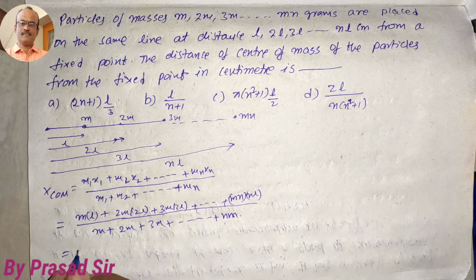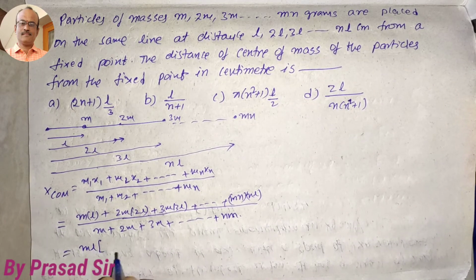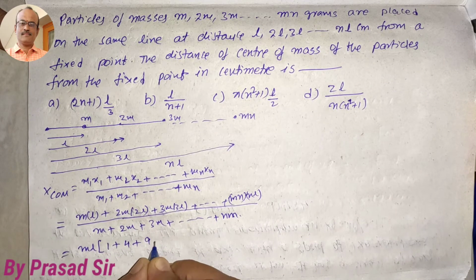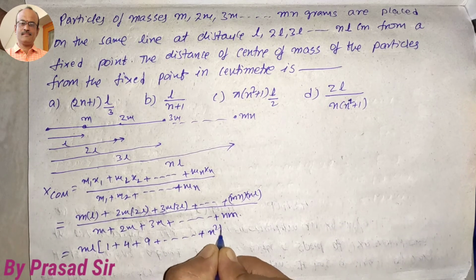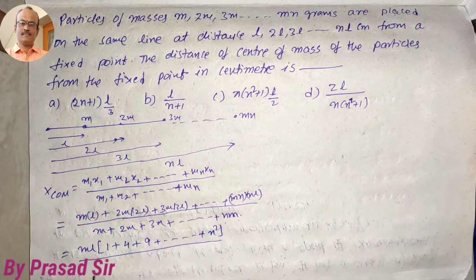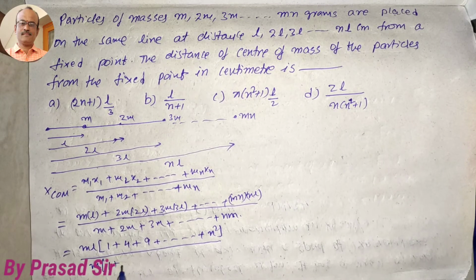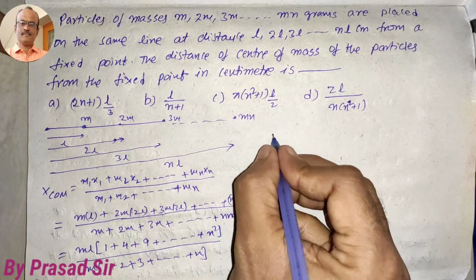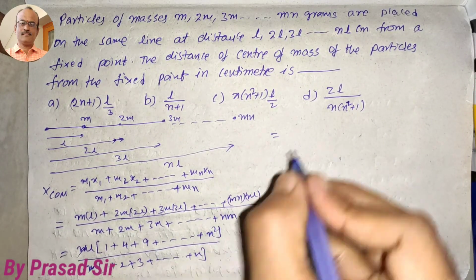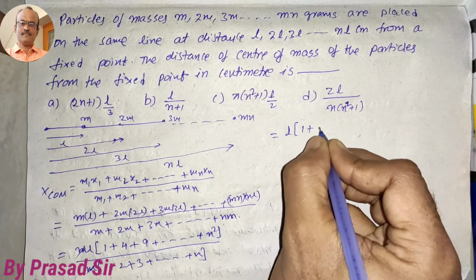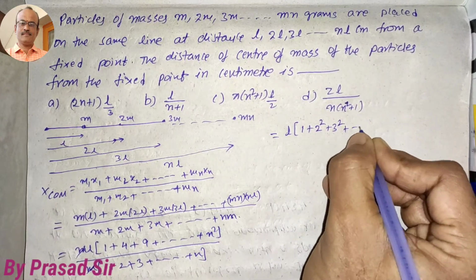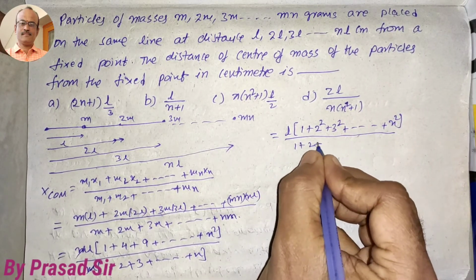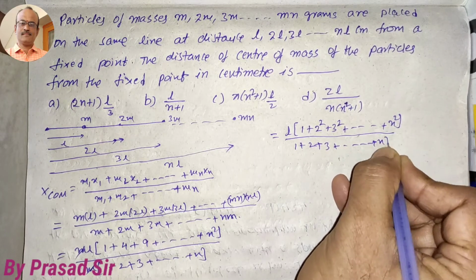So in all these cases, I will take mL as common. 1 plus 2 into 2 is 4 and 9, ... plus n square, divided by m common, 1 plus 2 plus 3 ... plus n. So I will write like this: m cancels, L times 1 plus 2 square plus 3 square plus ... plus n square divided by 1 plus 2 plus 3 plus ... plus n.